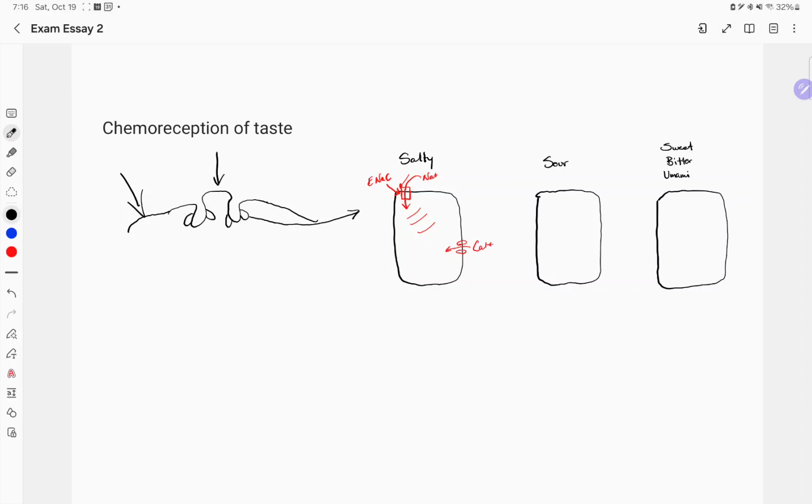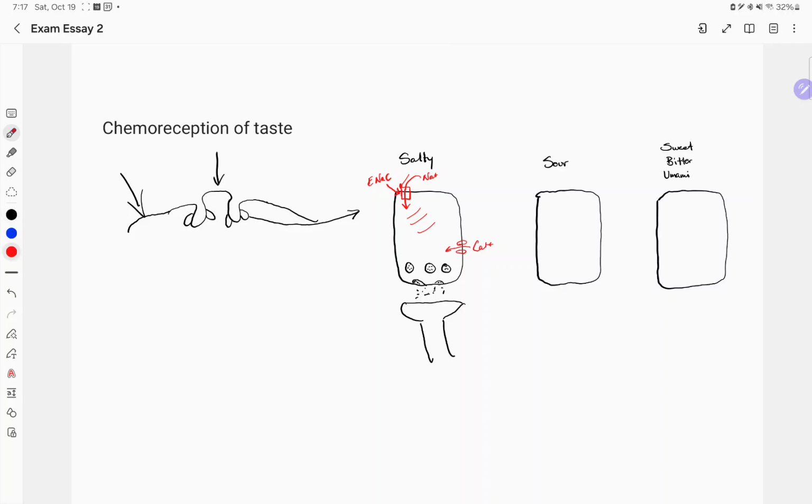And then we have these vesicles that are along here. And when you have all this calcium rush in, that will allow these vesicles to release neurotransmitters from the taste bud cells, come onto the neuron and send a message to the brain that this is a salty flavor.